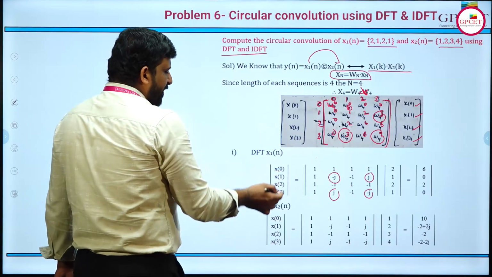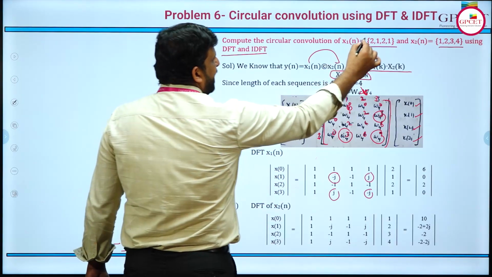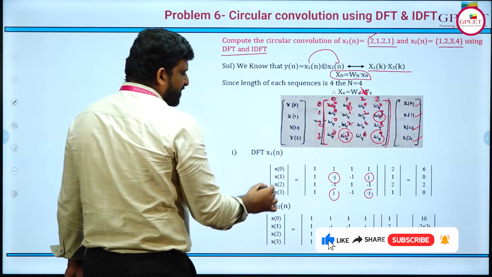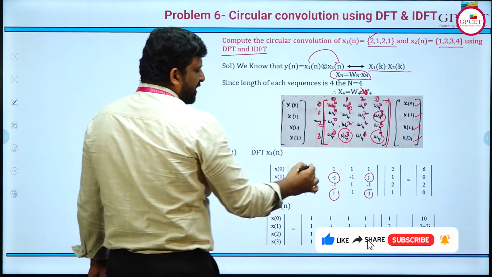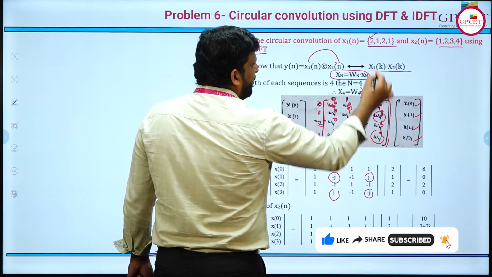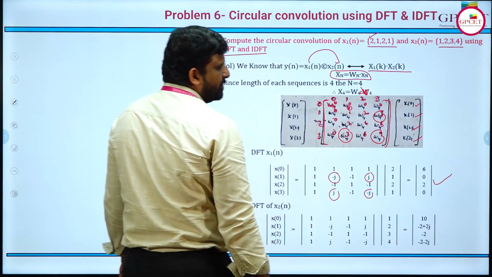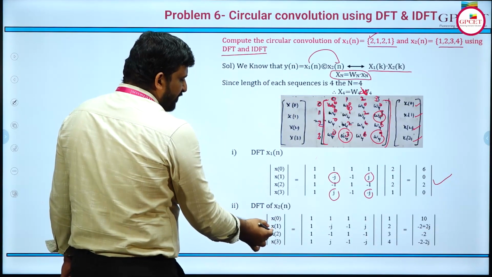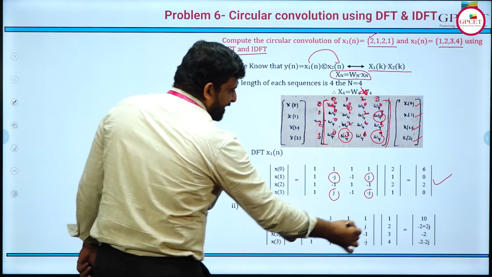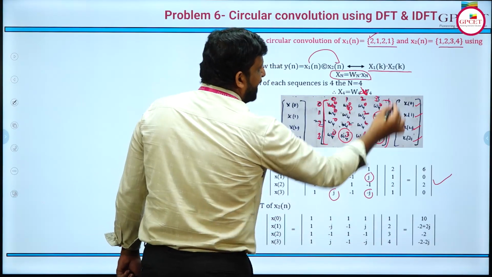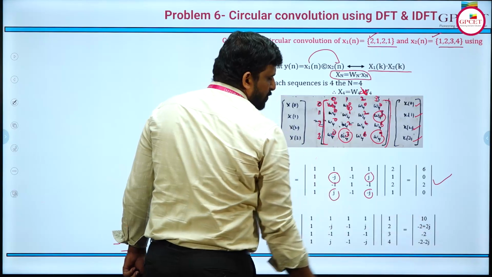So what should we get for x1 of n? So now I am considering this. So x of 0, x of 1, x of 2, x of 3 with the twiddle factor matrix. I am multiplying that with x1 of n. So what I got here? 6, 0, 2, 0. Similarly, for x2 of n, for the same matrix representation twiddle factor, I am multiplying with the second sequence 1, 2, 3, 4.